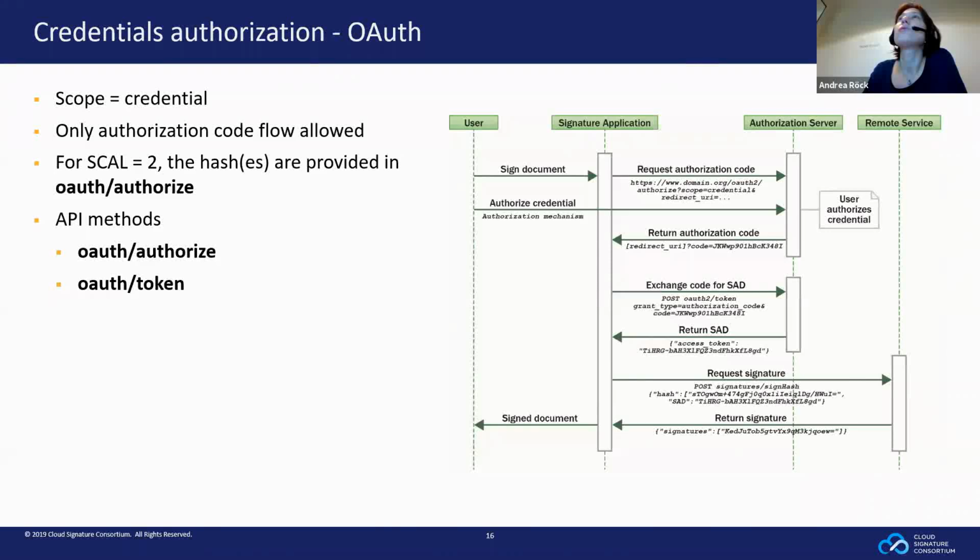The authorization server will talk to the user for the authorization and then returns the code. Then we use the OAuth token to create the SAD based on the code. And then the SAD is used again in the signature sign hash method to actually sign the hash.